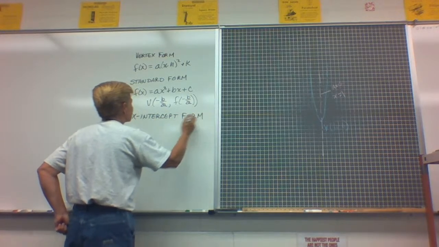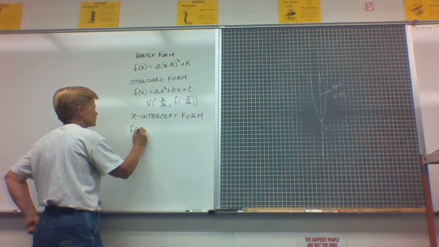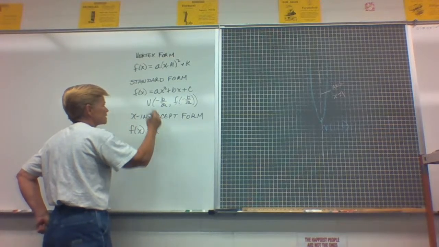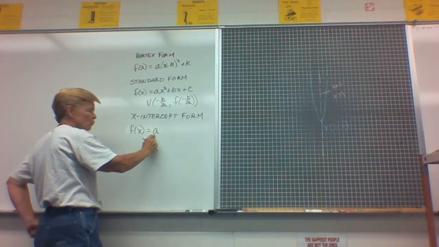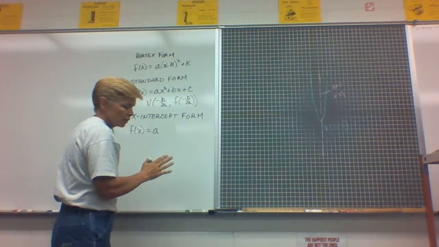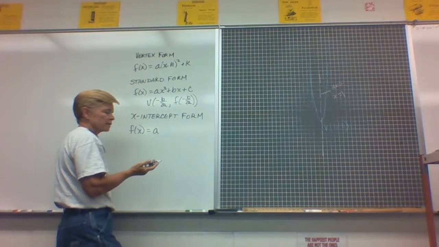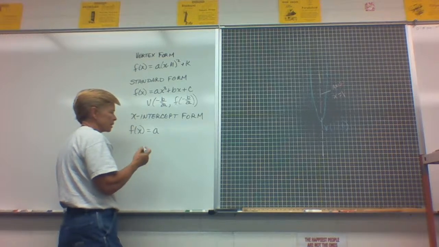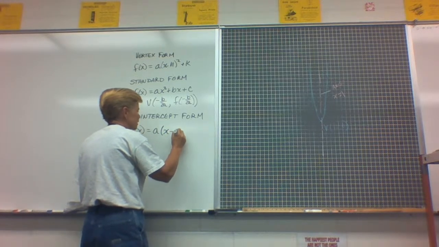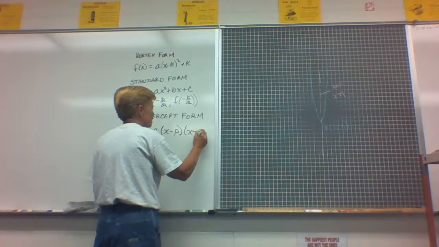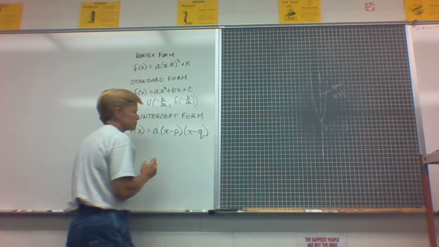And it looks like this. F of x equals a, the same a, that a right here in this new form gives you exactly the same information. Tells you whether it's going to open up or down depending on the sign, and whether it'll be fat or skinny depending on its size. But what follows it is this: x minus p, x minus q.